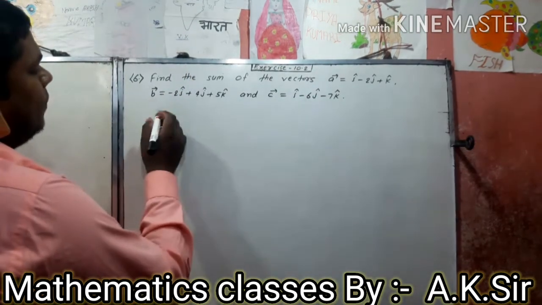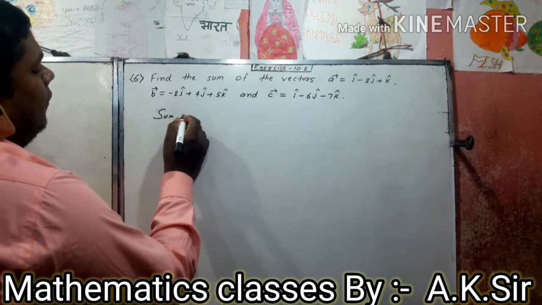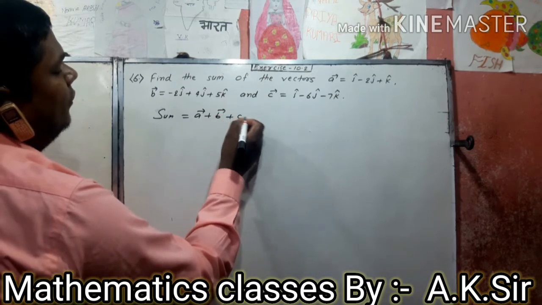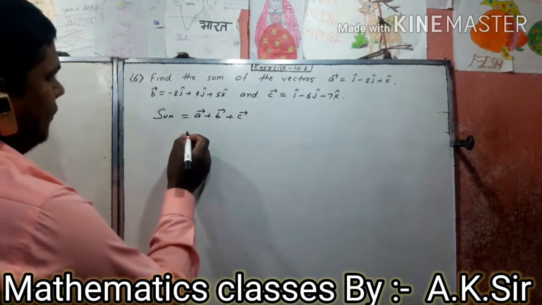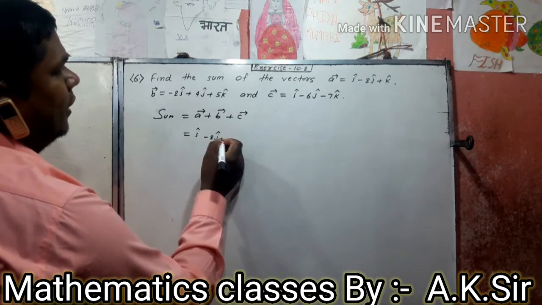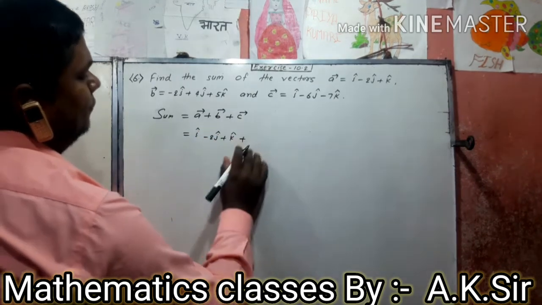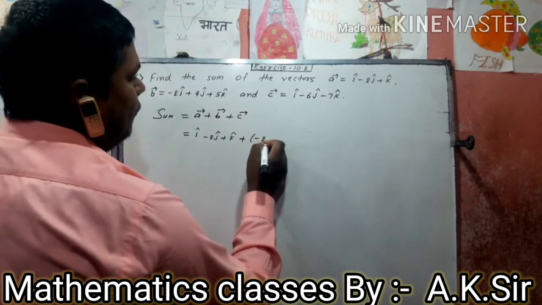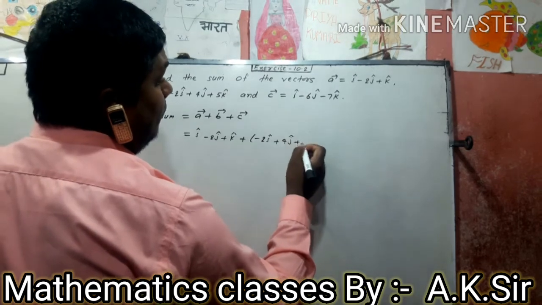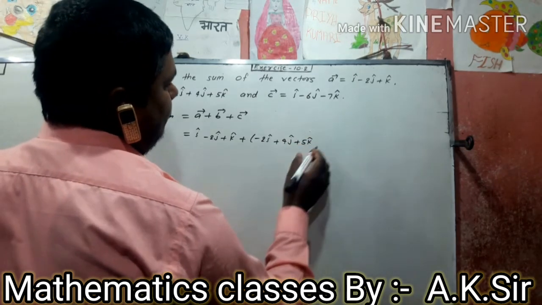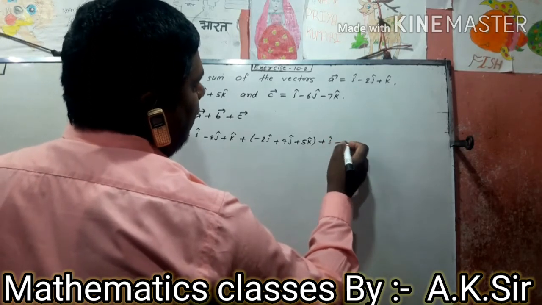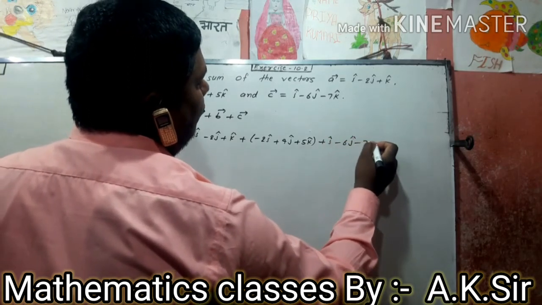Sum is A vector plus B vector plus C vector, equal to i cap minus 2j cap plus k cap plus minus 2i cap plus 4j cap plus 5k cap plus i cap minus 6j cap minus 7k cap.